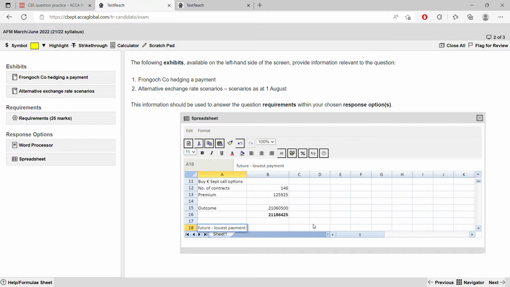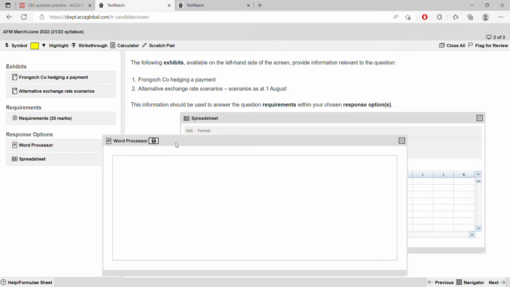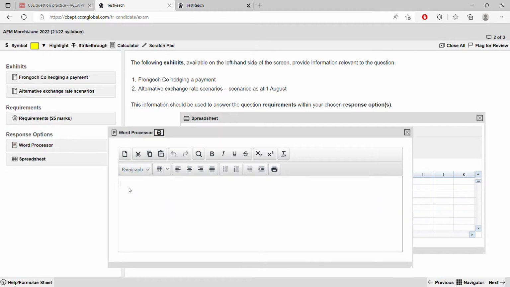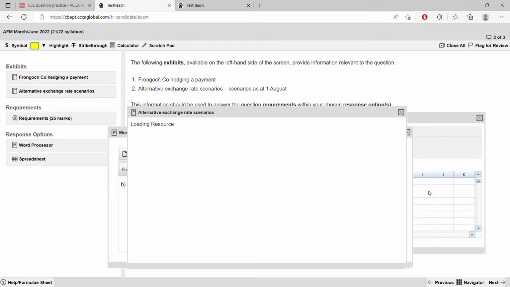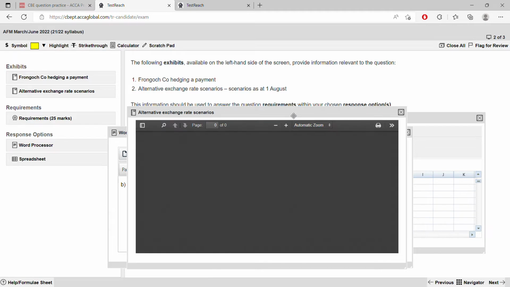Now we are coming to part B. Part B, you can write it in Word. Okay, what is part B? What should you do in part B? Evaluate the impact of the results using this one. If the rates and the future prices change, you have to open this exhibit 2 now.